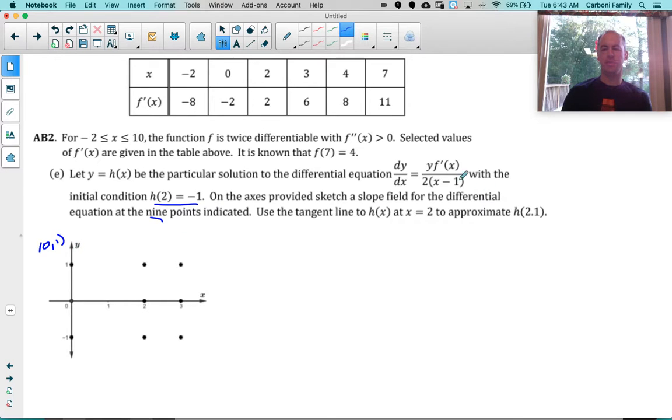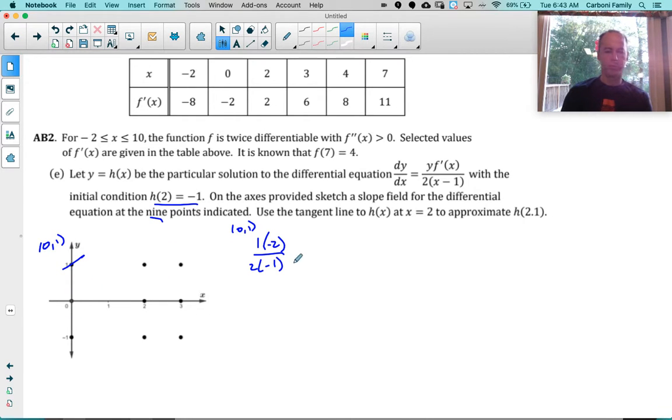So if I plug in 0 and 1, I would have 1 times f prime of 0, which is -2, over 2 times 0 minus 1. That's going to give me a slope of 1. So I'm going to sketch a quick slope of 1.